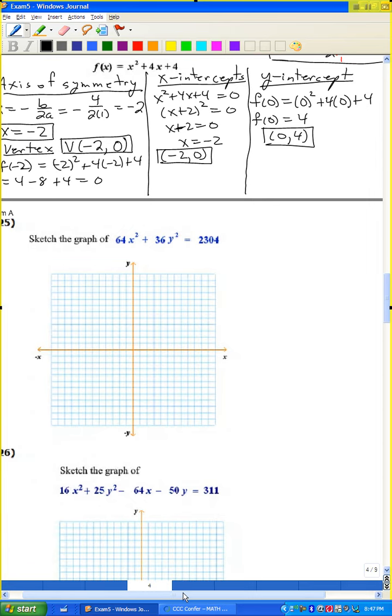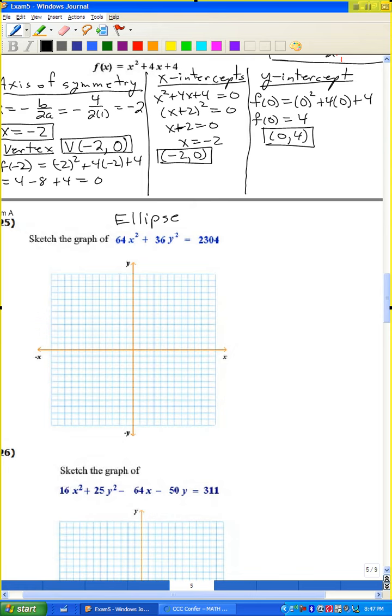Okay, so let's sketch the graph of this. In this case, this is going to be an ellipse. Because, well, I know that I have 2 square terms, and they're both of the same sign. And so because of that, then I know that it's going to be an ellipse. So the first thing to do is to put it into the standard form for an ellipse.